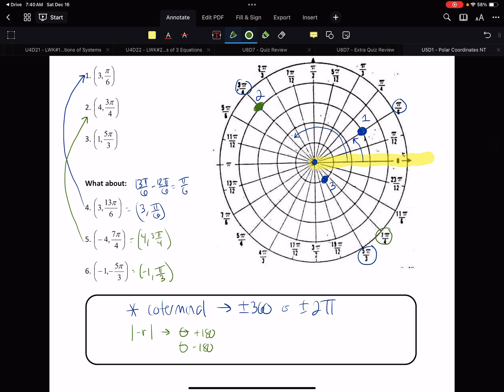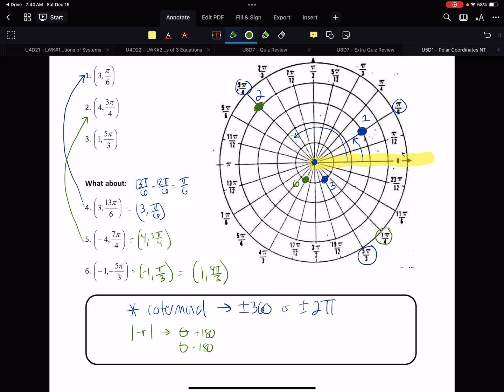So I could graph at pi over 3 and go the opposite direction, which would take me there. But just talking about the other option, if I want to make it a positive r, I have to add 180. So I add 3 pi over 3 for 4 pi over 3.